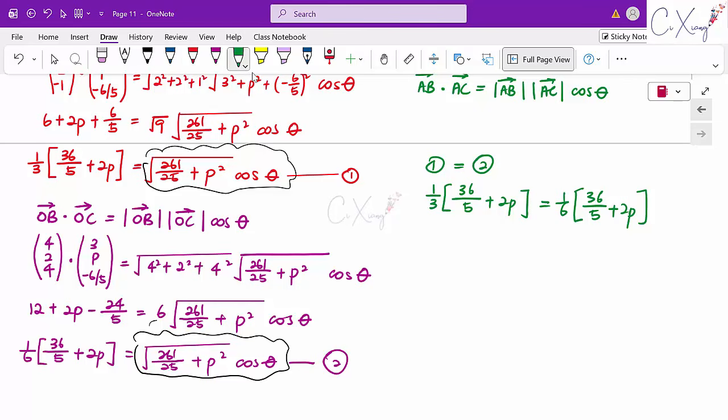How to simplify from here? Oh, sorry, I multiply the 6 over here, so I'm having 2 times 36 over 5, I will have 72 over 5 plus 4p, that equals to 36 over 5 plus 2p. Then further simplify all this, you'll be having 2p equals to negative 36 over 5. And hence the p that you get is negative 18 over 5.